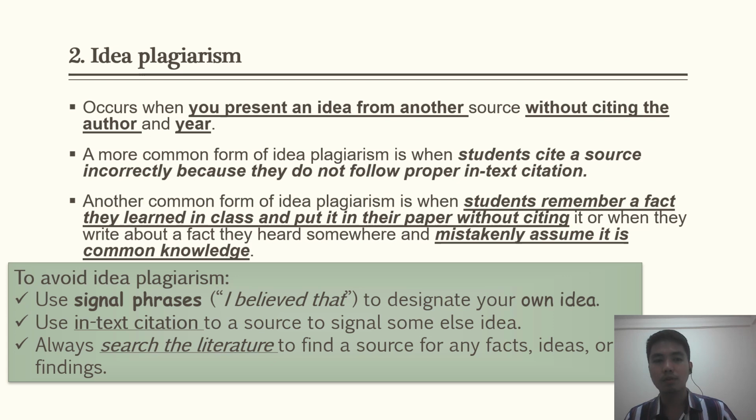Idea plagiarism is also common where students remember a fact that was discussed or learned in their class and put it in their own paper without citing the source because they assume that it is common knowledge, when in fact it came from relevant and, of course, valid sources.